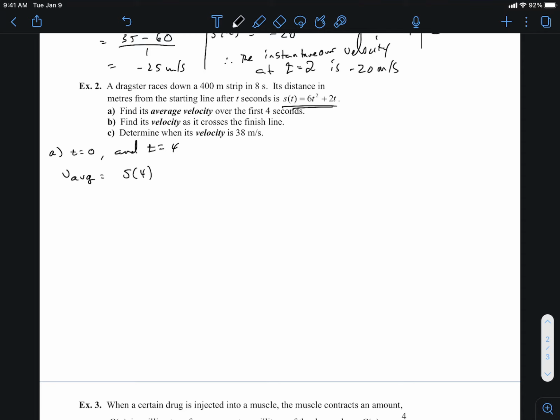The final is the position after 4 seconds minus the position after 0 seconds, which is obviously 0. And then divide that by 4 minus 0, the two x values. When I plug that in, we get 104 minus 0 over 4. So we get an average velocity of 26 meters per second over that time interval.